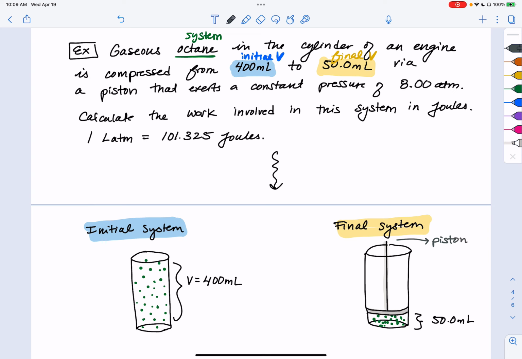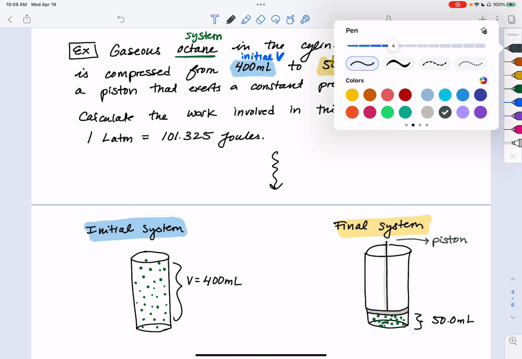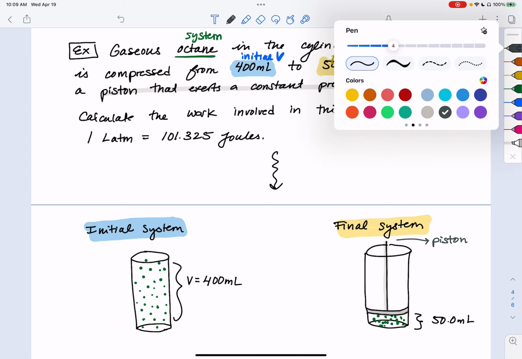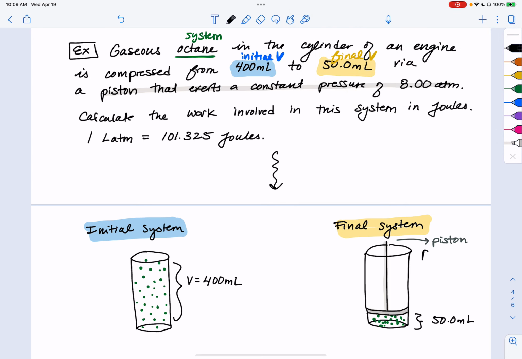And we know that that piston is exerting a pressure of 8 atmospheres. That's what we were told: the piston exerts a constant pressure of 8 atmospheres, where the atmosphere unit is a pressure unit. So I could say that the pressure of my piston is 8 atmospheres.